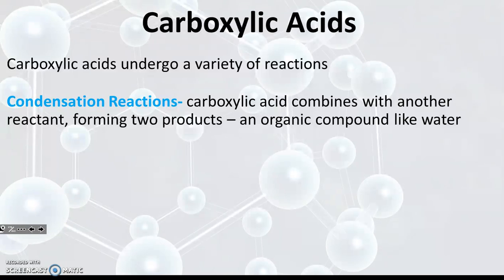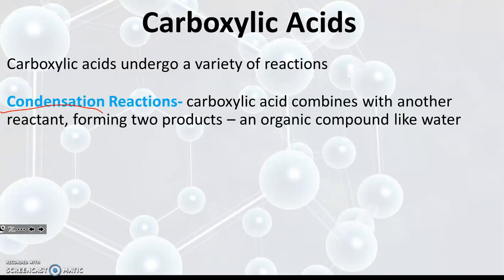Okay, so carboxylic acids can undergo a variety of reactions. The one that we're really concerned with here is a type of condensation reaction. Condensation reaction means that we are removing some sort of small compound, usually water, right? Condensation usually talks about water.